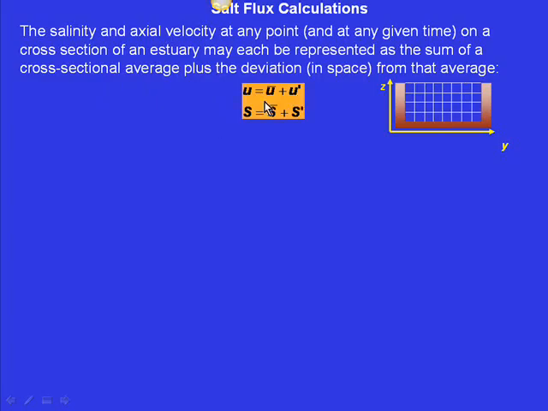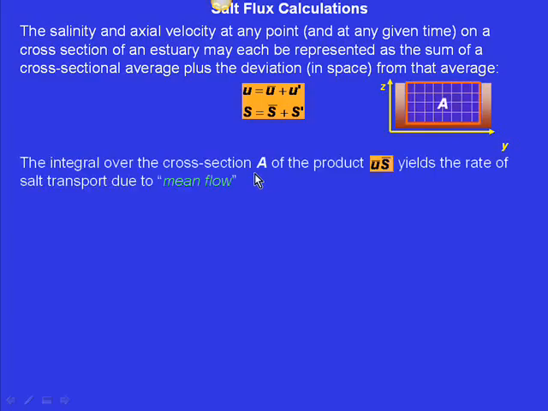This U bar would be the mean throughout this entire section. The S bar would be the average salinity throughout the entire section. And the primes would be the deviations at each one of these grid points from the sectional mean. So the U bar will be the same, and S bar will be the same for the entire cross section, but the U prime and S prime will be different for each one of the grid points.